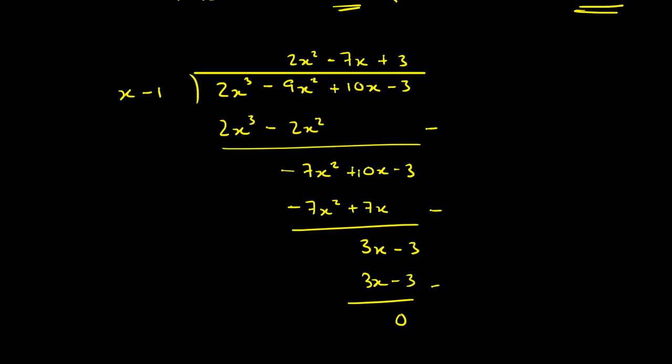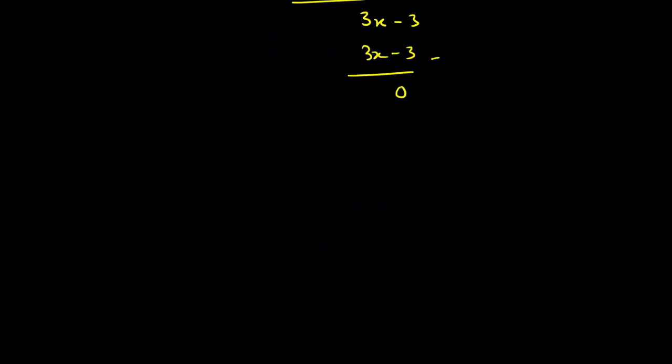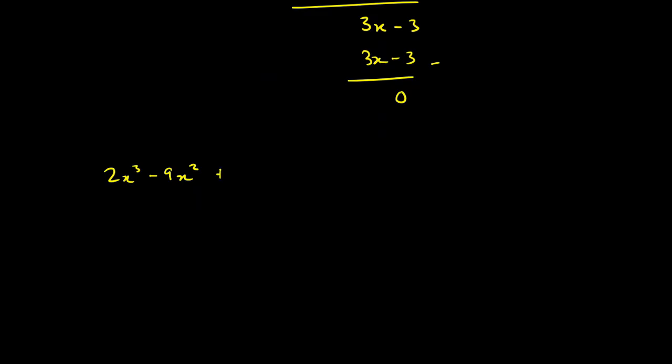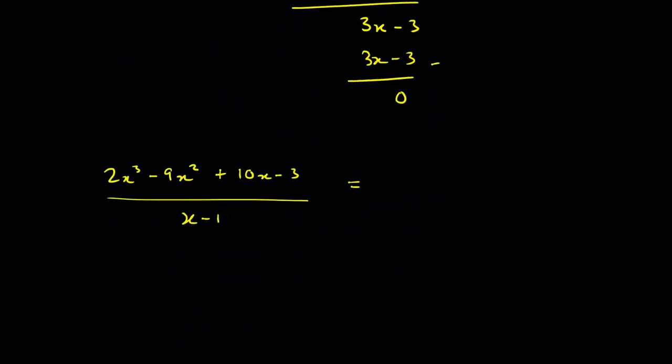So what have we just done? We have taken our cubic, which was 2x cubed minus 9x squared plus 10x minus 3, and we divided it by x minus 1. And that has given us a quadratic, which was 2x squared minus 7x plus 3.